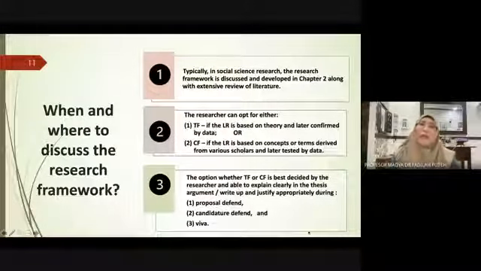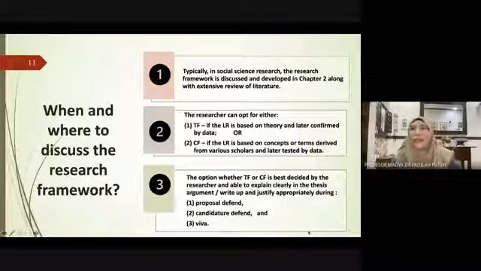And the third one, the option of whether to use a theoretical framework or a conceptual framework, is best decided by the researcher, and should be explained clearly in the thesis write-up and justified appropriately during the proposal defense, candidature defense, and viva.